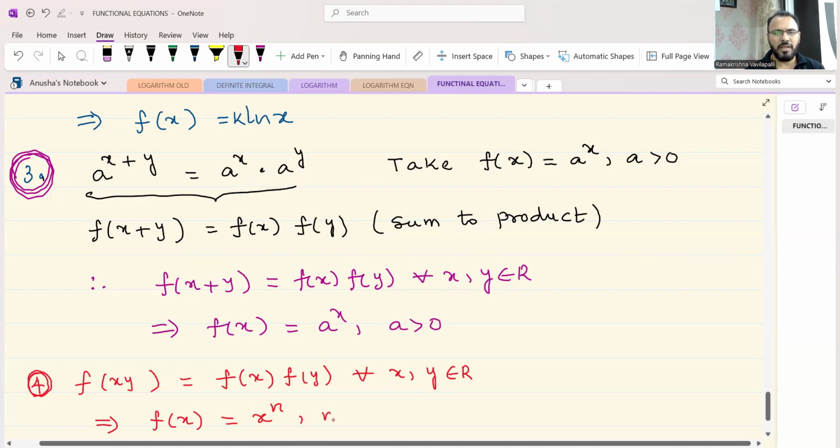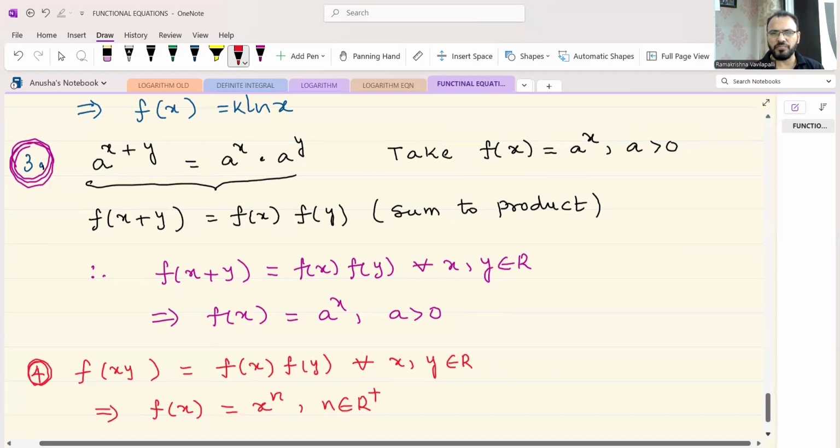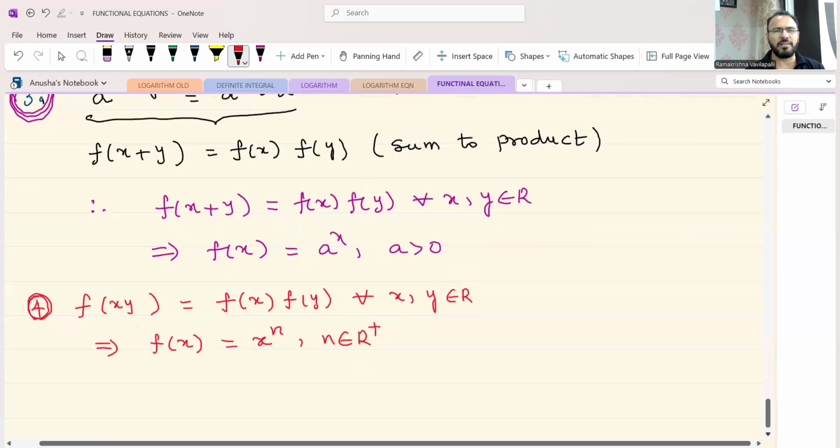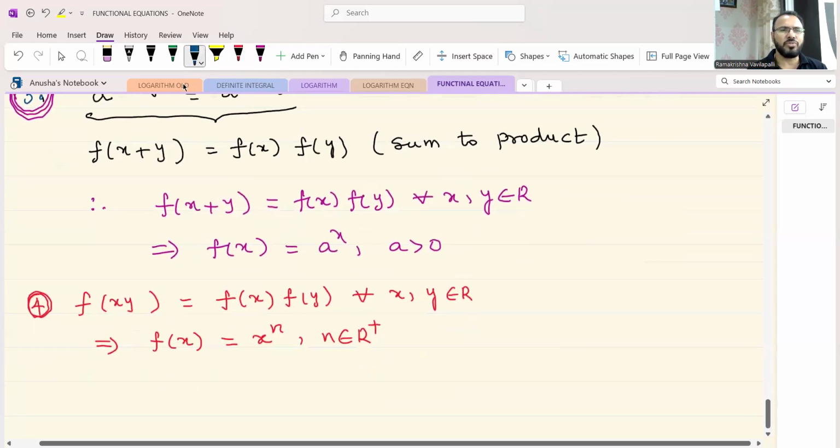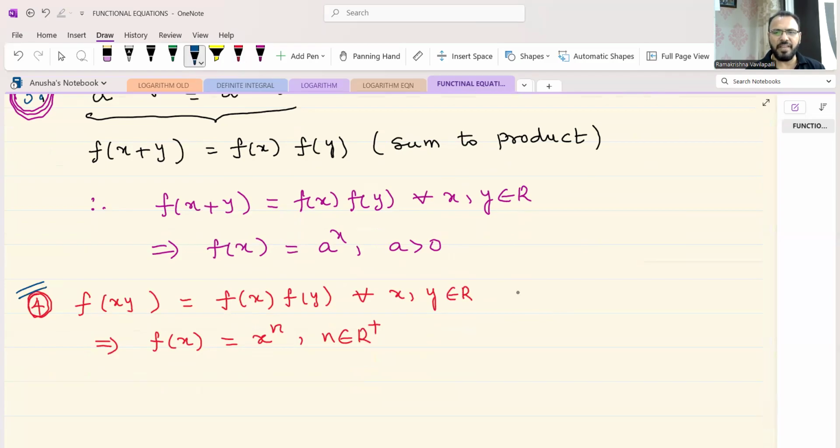Here, as I have said, x comma y belongs to R, it's not R plus. So I'll take any positive real number. If I did not mention that for all x comma y belongs to R, then you could take even 1 by x also. This is also very, very important. You can verify it: what is f of xy?